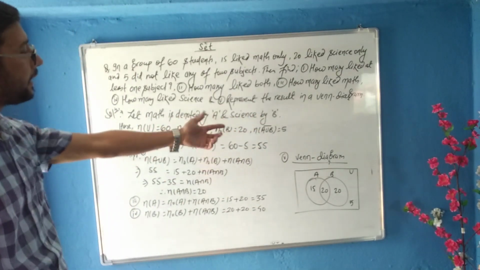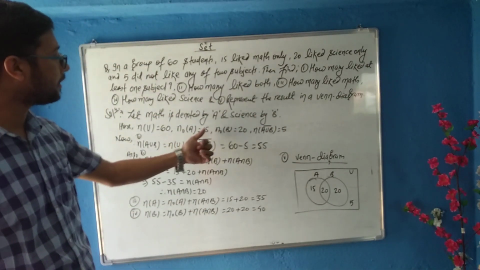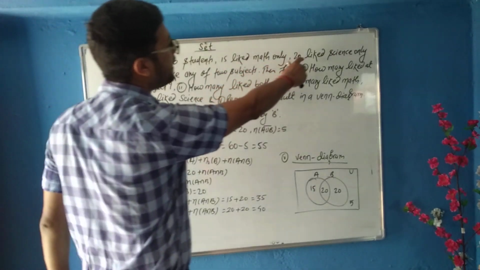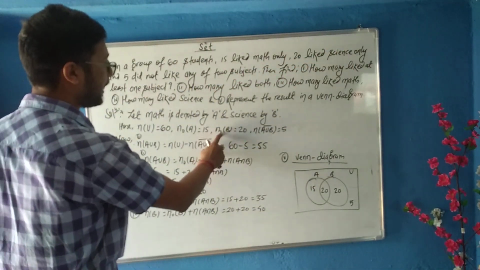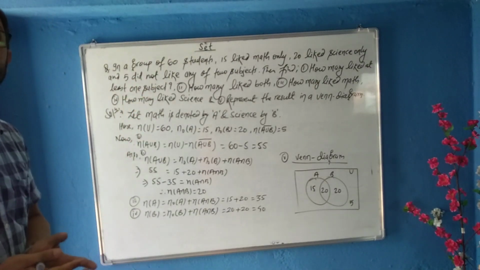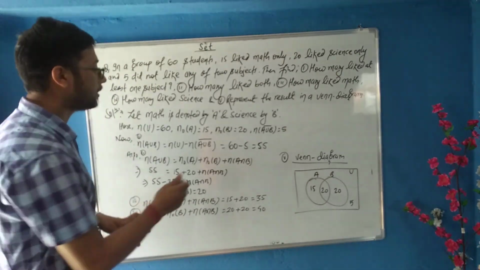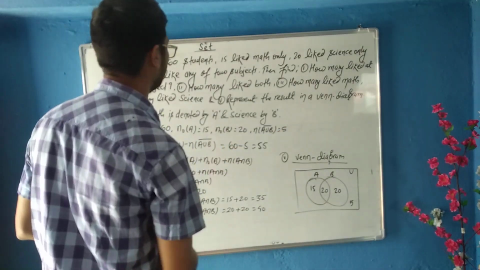Math is denoted by A and science is denoted by B. So we can write only A equals 15. 20 like science only, so only B equals 20. 5 did not like any of the subjects. Did not like any of the subjects means that is called complement. So complement equals 5.